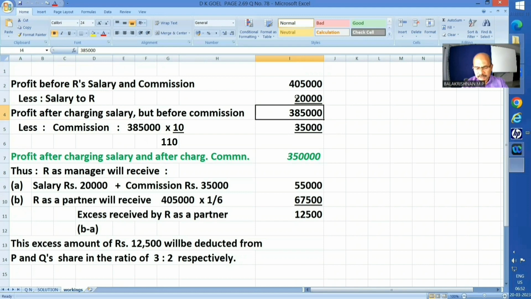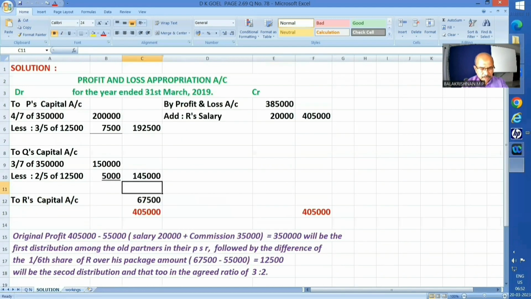His profit sharing amount comes to this plus this 12,500, which will constitute his 1/6 share. Okay, clear? So this 3,50,000 we have distributed to them, right?